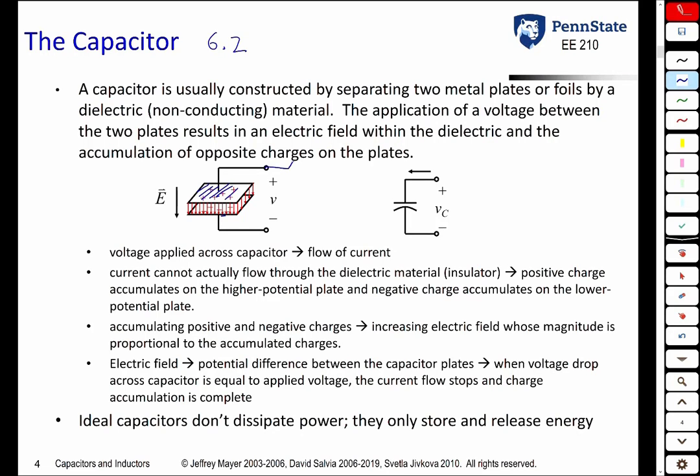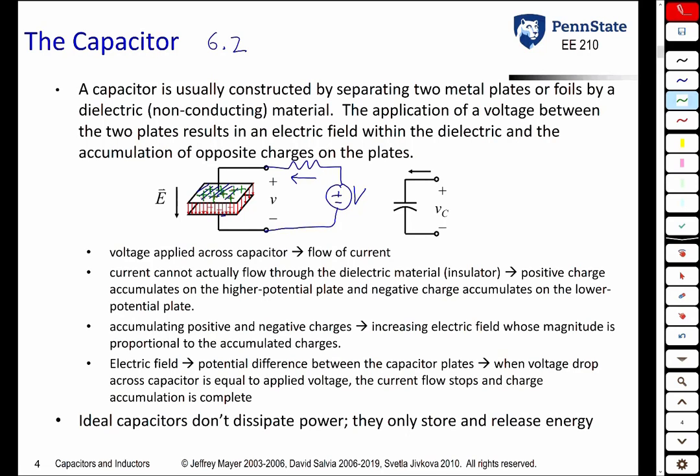Suppose you apply a voltage across the capacitor, so let's say a battery. This battery is going to start pushing current out its plus terminal, and these positive charges are going to land on this positive plate. They can't go any further though because of this non-conducting material.